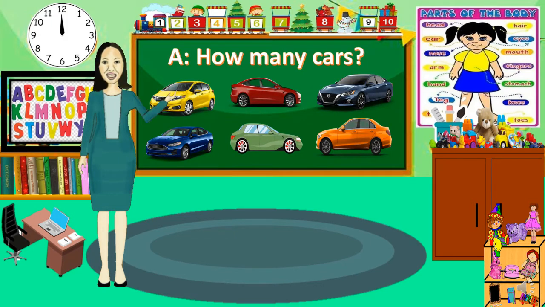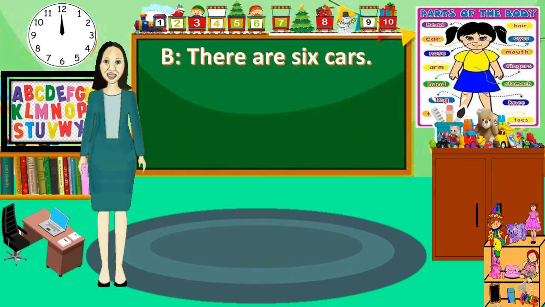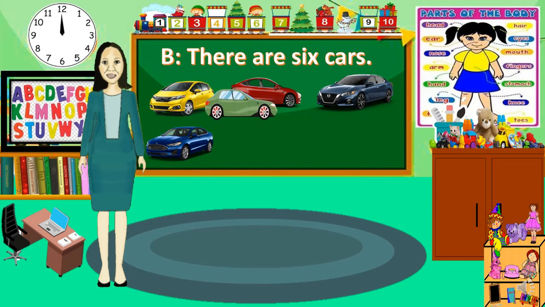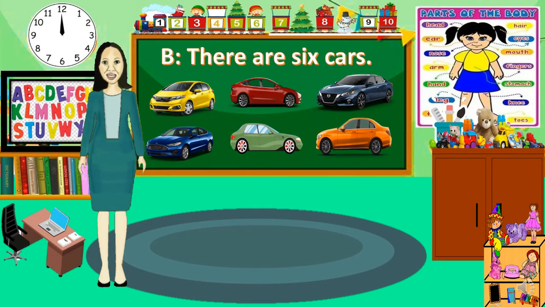How many cars? Did you count the cars? There are 6 cars. Can you count together? 1, 2, 3, 4, 5, 6. There are 6 cars.